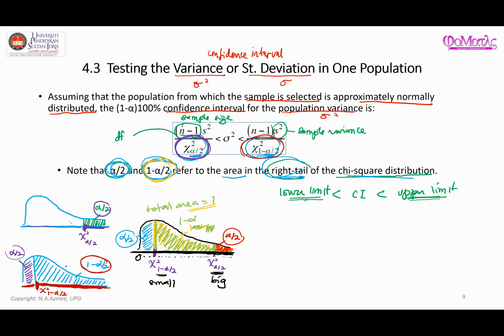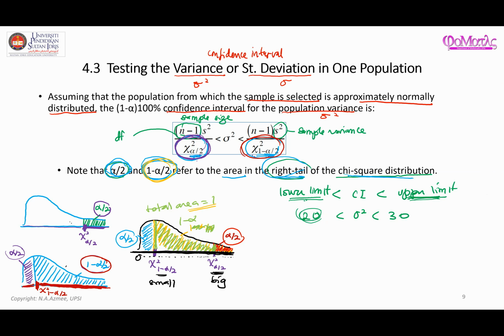For example, if you talk about the value of variance between 20 to 30, this is okay because this is the lower limit. And this is the upper limit. Lower limit has to be a value that is lower than the upper limit, as the name clearly suggests to you, yeah?